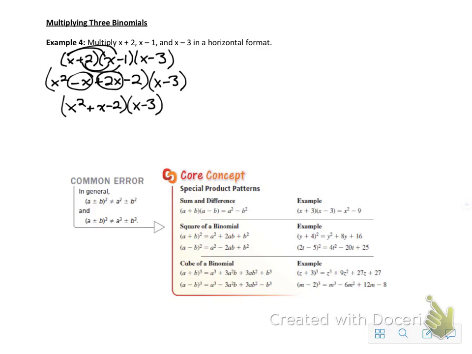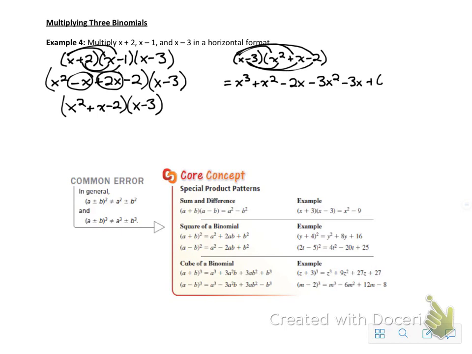Okay, but we're used to seeing it the other way around, and with multiplication it's commutative, which means that you can swap back and forth. So I'm going to put the x minus 3 out front. Okay, and then we're back where we started with the last problem that we just did. So we're distributing. We get x cubed, x times x is x squared, x times negative 2 is negative 2x, negative 3 times x squared is negative 3x squared, negative 3 times x is negative 3x, and negative 3 times negative 2 is 6.